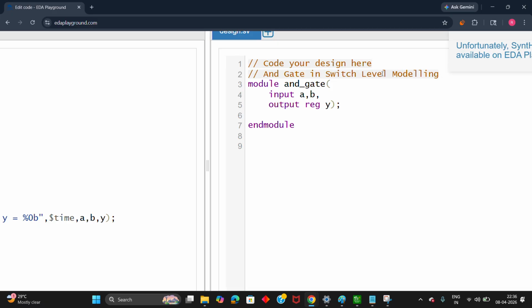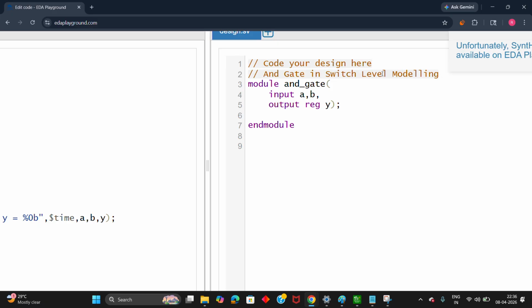If any other person chooses other technologies like NMOS, only PMOS, pseudo NMOS, then you need to know the AND gate in those technologies. Most commonly in our academics we discuss the CMOS technology, so I am going to discuss in the CMOS technology itself.